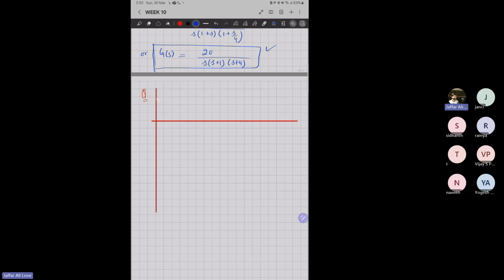So initially your magnitude, this is 0 dB. So your initial magnitude is something like this, then something like this, then it's something like this, and something like this.